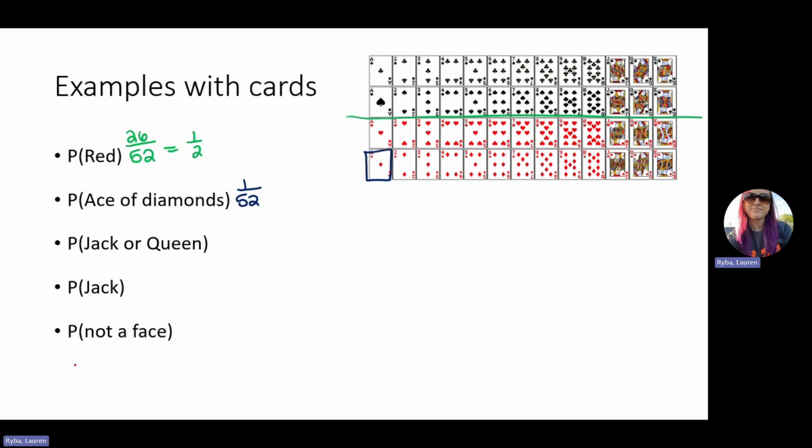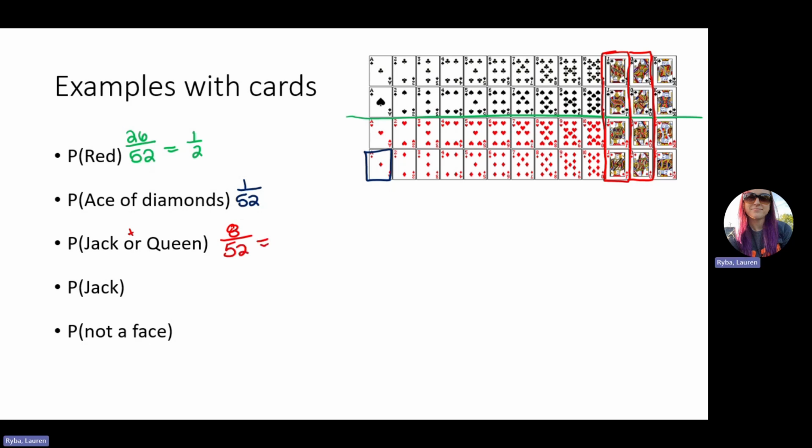Next one says the probability of a jack or a queen. Well, there are 4 jacks, and we talked about on Thursday, remembering that or means we add. There are 4 queens. So 4 jacks or 4 queens is a total of 8 cards out of the 52 cards.